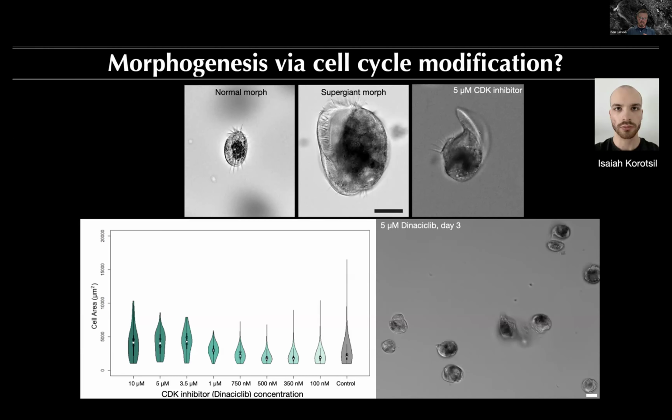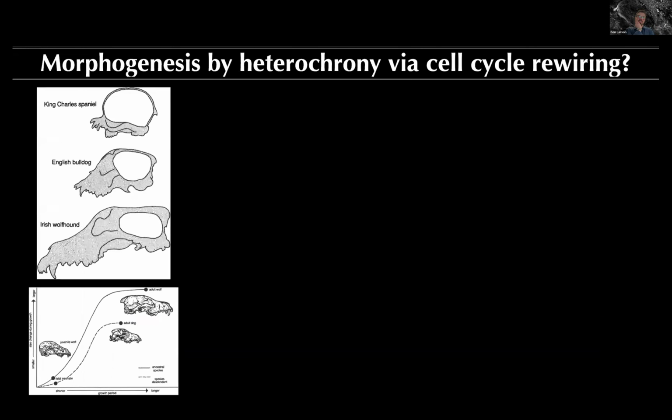Again, this is a very preliminary result, but it got me thinking about developmental mechanisms and evolutionary developmental biology in animals, where one general class of mechanisms for morphological change is called heterochrony.